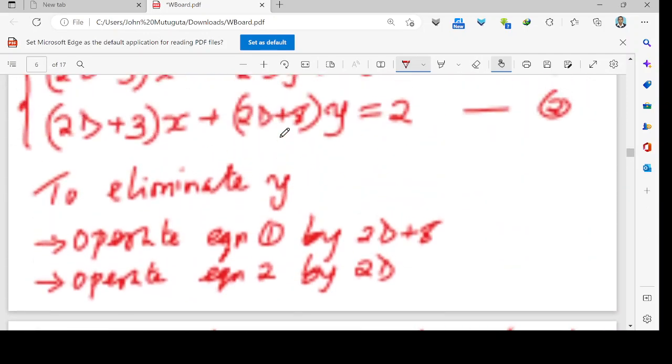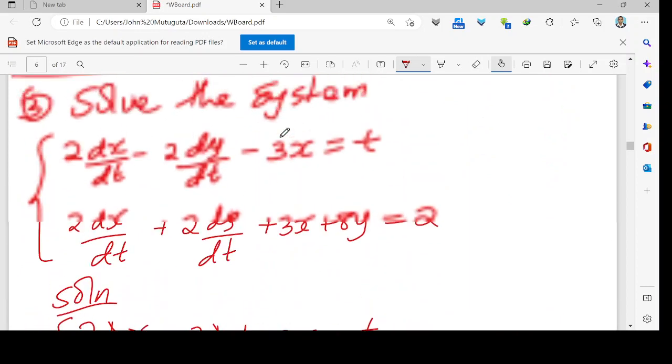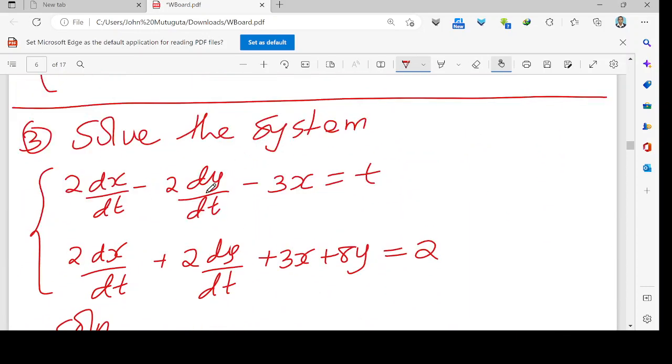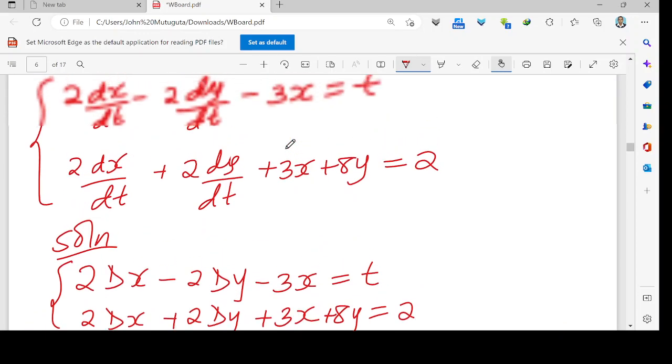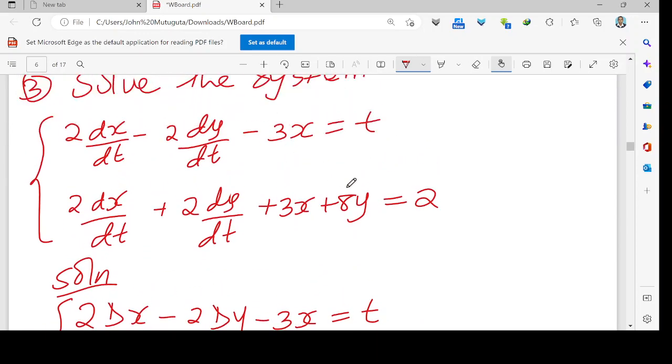If you look at these equations, I'm not sure whether it is possible to make y the subject. It may not be possible because we don't have y here, and here we have y and dy dt.